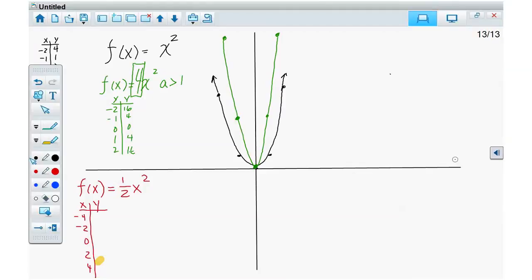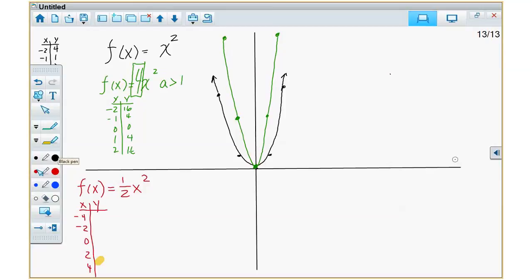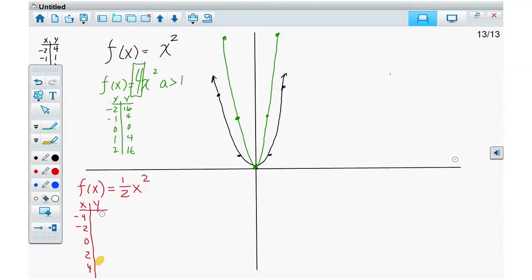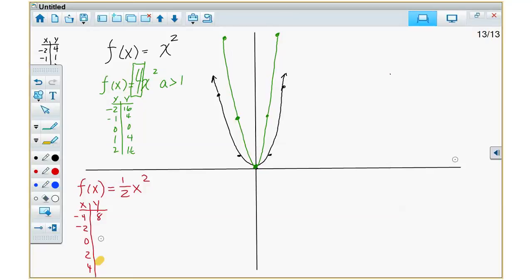All right, so here we go. -4 squared is 16. 16 divided by 2 is what? 8. -2 squared is 4. 4 divided by 2 is 2. At 0, 2, and at -4, 8.